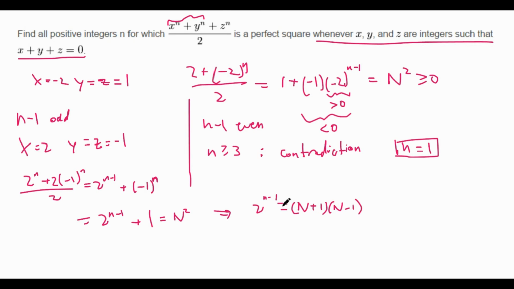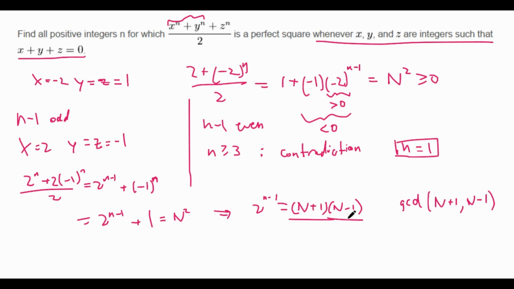Well, if n plus 1 and n minus 1 are both powers of 2, then if we calculate their GCD, if n is even, they're both odd numbers, they're consecutive odd numbers, so their GCD is 1, which means that since they're both powers of 2, their GCD is also a power of 2, and since it's 1, we must have that one of these numbers is 1 and the other number is 2 to the n minus 1.